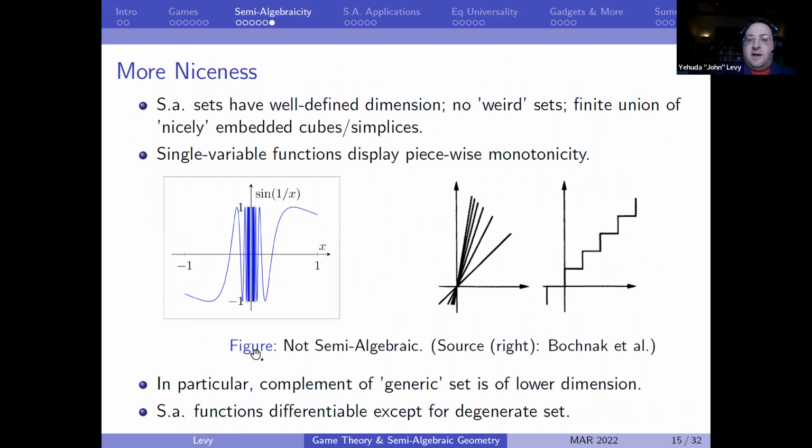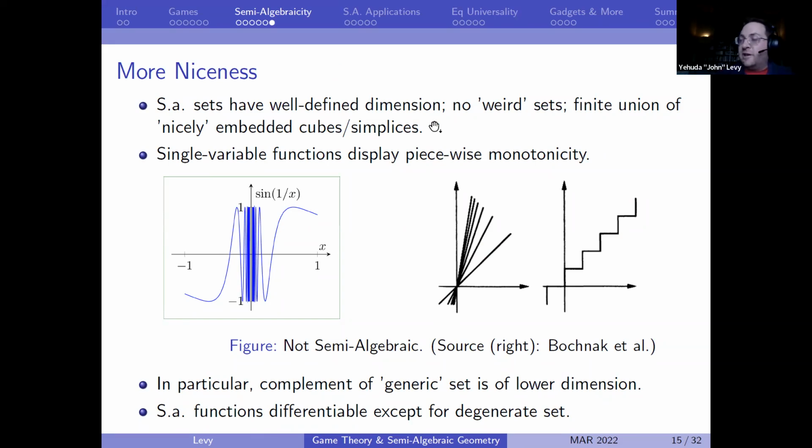The further niceness property that I'll use is that semi-algebraic sets have well-defined dimension. There are a number of equivalent ways of defining it, such as the highest dimensional sphere that you can embed in it using a smooth map.